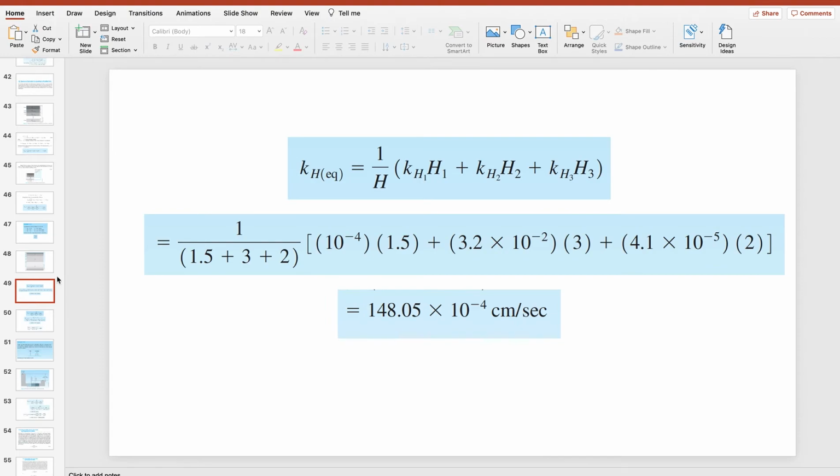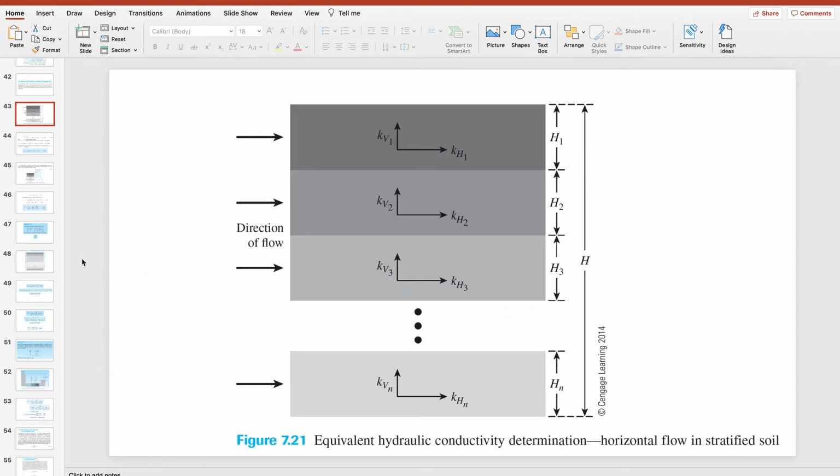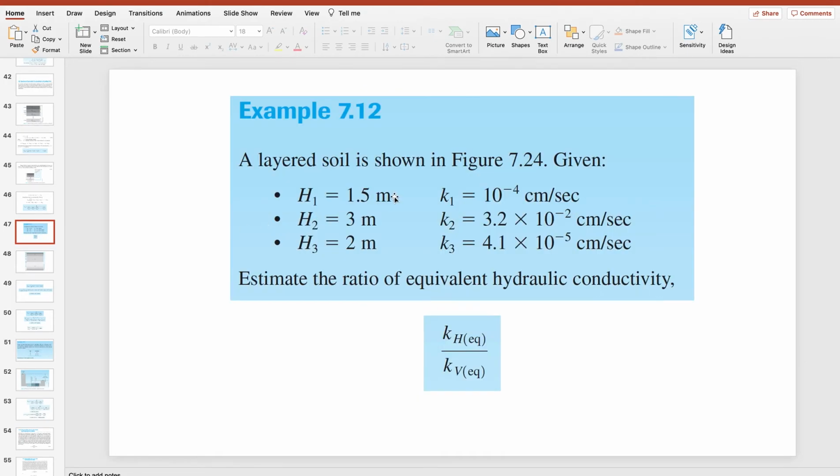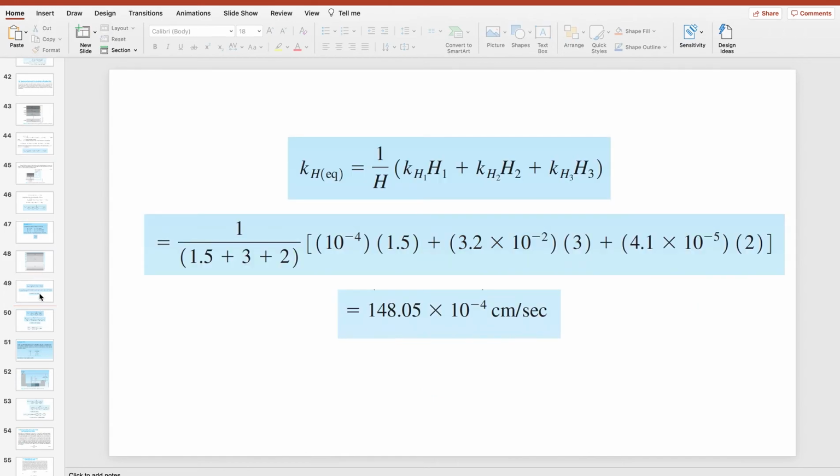Then solve. 1 over H. What is our total height? H1 plus H2 plus H3. 1.5 plus 3 plus 2, which is 6.5. Okay, so that's it. 1 over 1.5 plus 3 plus 2.